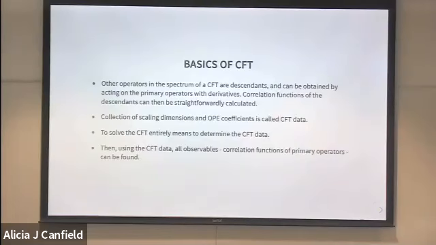What are the constraints? Yeah, I probably stated it in a slightly ambiguous way. I'm saying that to solve a CFT means to determine all the OPE coefficients, but in practical cases, you'll have to stop somewhere. So you'll calculate only so much. I see.